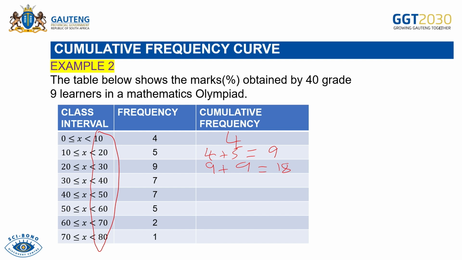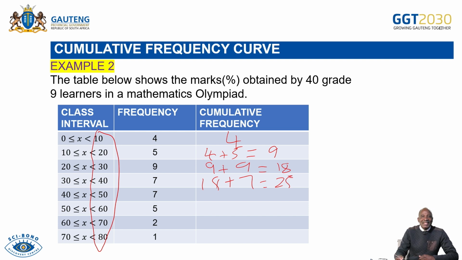Yes, continue working until you get to the last class, which is 70 to 80, but you are focusing on up to 80. How many learners were there? And you will see or observe something by the time you get there. Yes, thank you. From here, what did you say? 18 plus 7, it gives you 25.